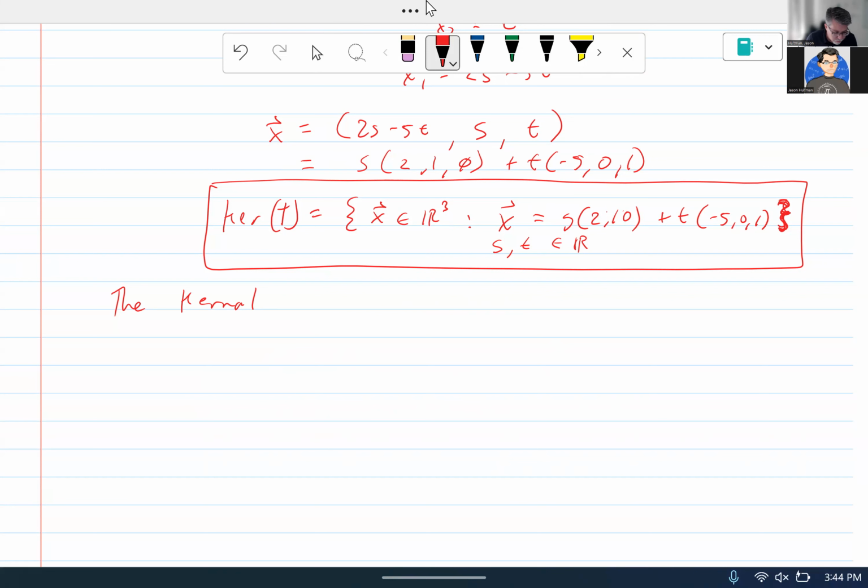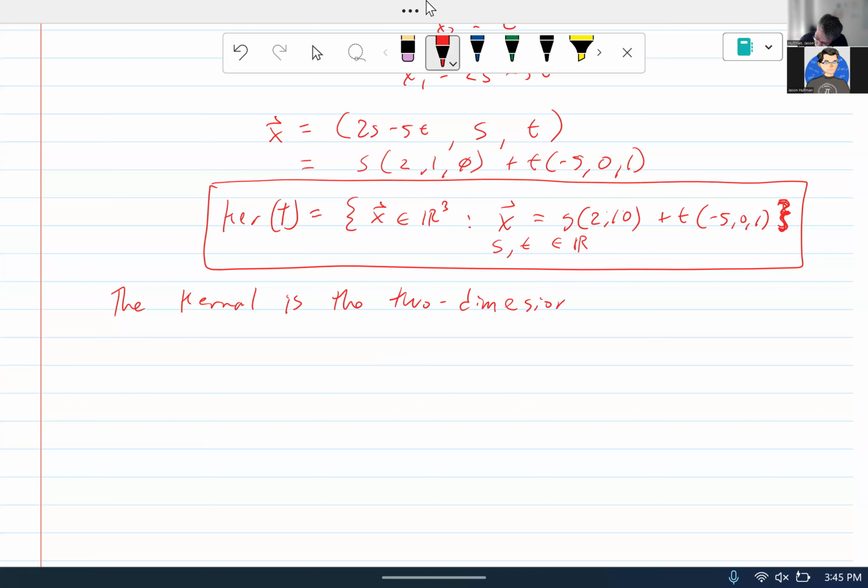No, it's two-dimensional. Okay, the kernel is two-dimensional. You're like, how is it two-dimensional? We'll talk about that in a second.